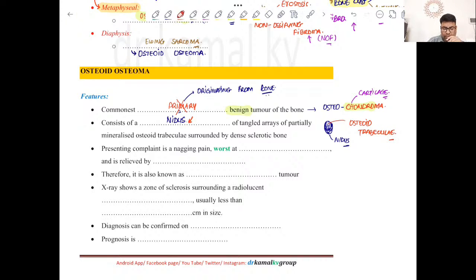So the characteristic feature is a nidus, and in this we have tangled arrays of partially mineralized osteoid trabeculae, and surrounding this is all dense white bone, although I'm drawing it with red, but this is all dense white, right? So this is sclerotic bone, and whenever you find the word sclerotic, it means white.